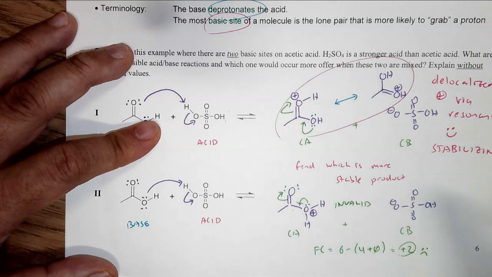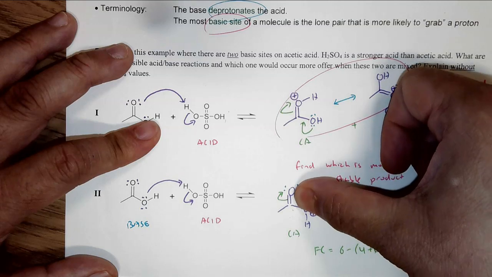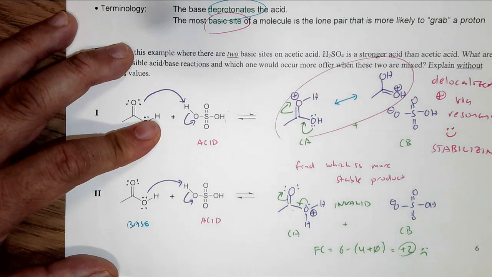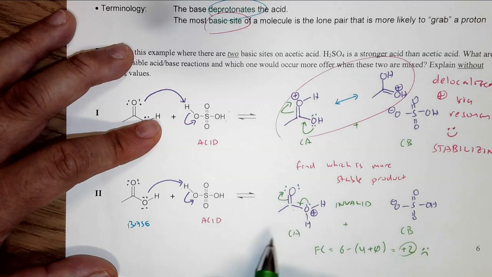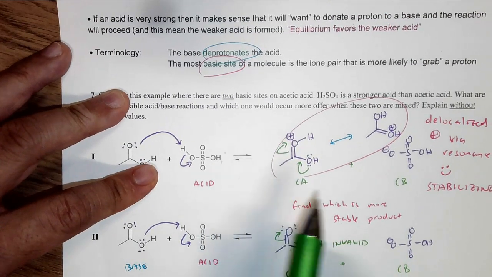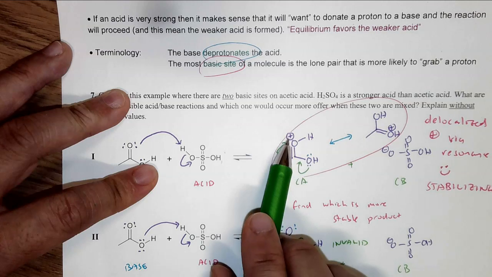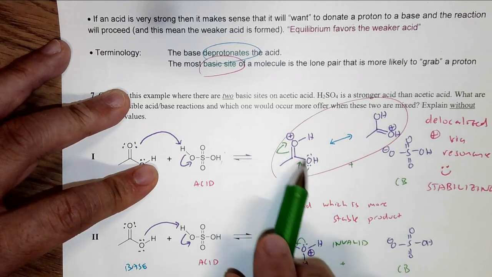Now, some would argue I could draw that only, but you see, that would create separation of charge. That would be a minus, a plus, and we did nothing to this plus charge. What I'm saying is, there's no way to move these electrons reasonably to spread out this charge. Whereas up here, there is a reasonable movement of electrons to spread out the plus charge, and now it's shared between these two oxygens.